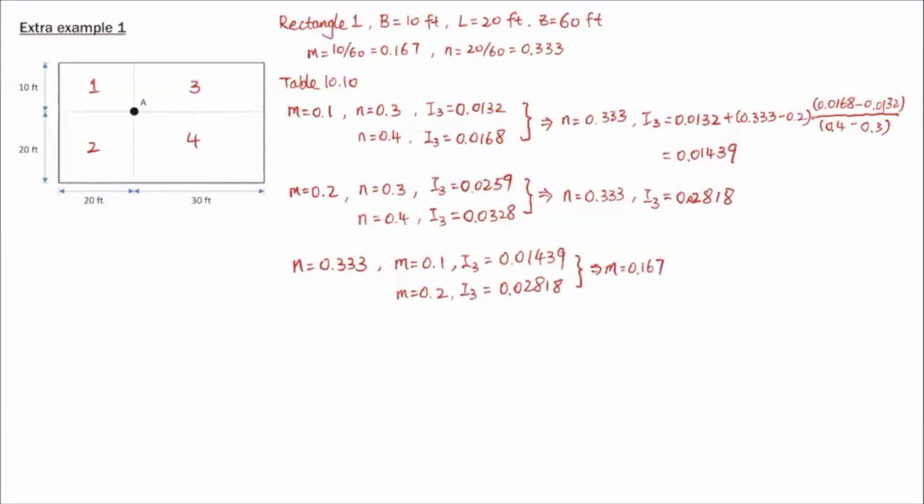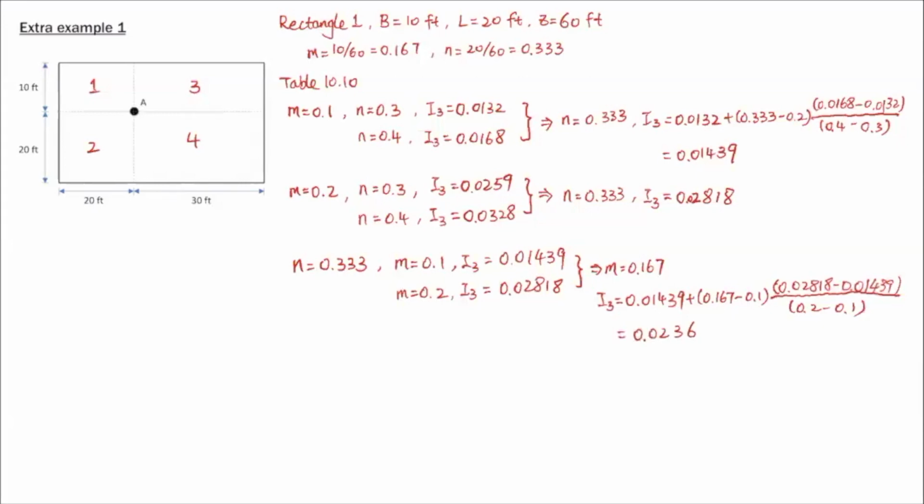Again, I'm using the same x-y equation for linear interpolation, but here y is still your I3, but x is m because we're interpolating along the m direction. And this is 0.0236.